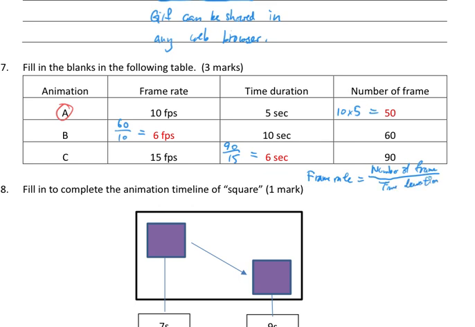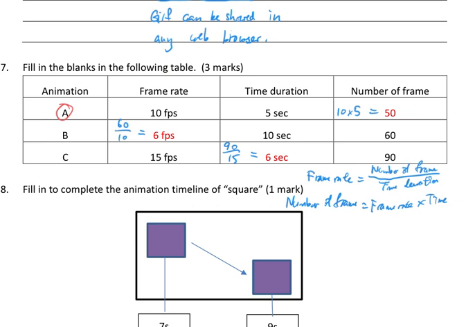Then you can change the subject of the formula to find the other two quantities. You can multiply the time duration to the other side, so you find that the number of frames can be found by frame rate multiplied by time.